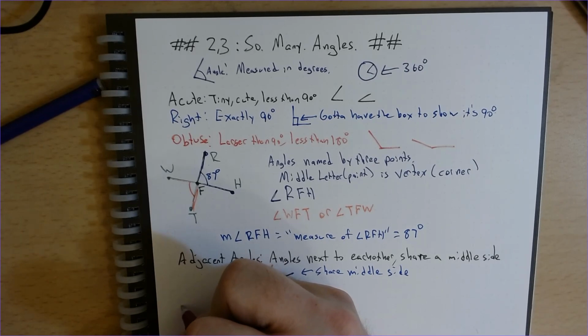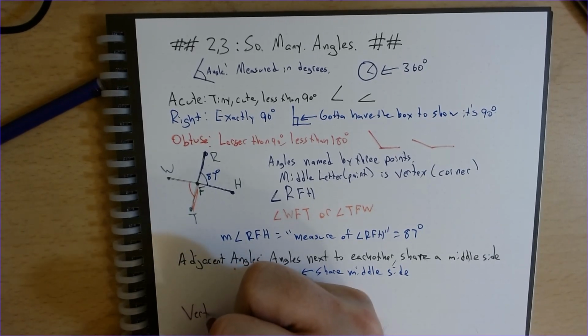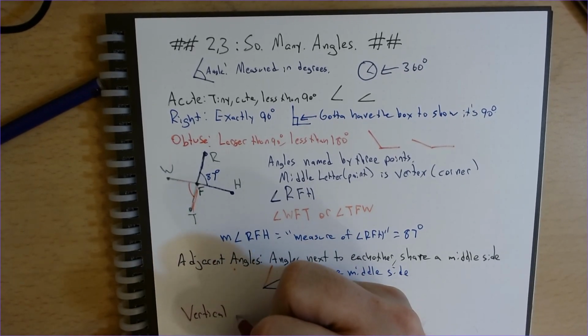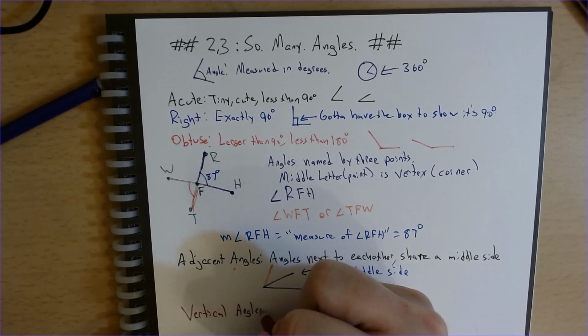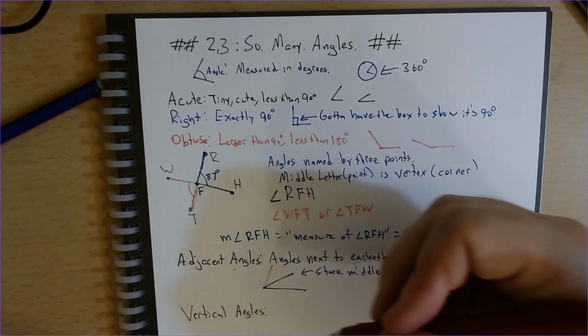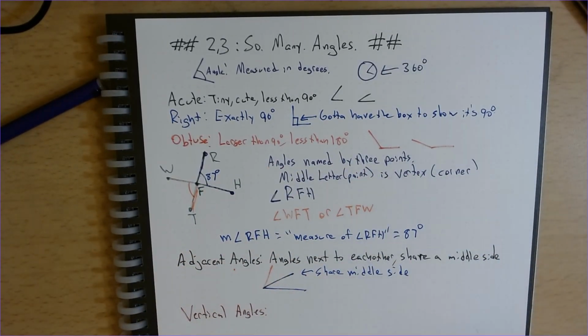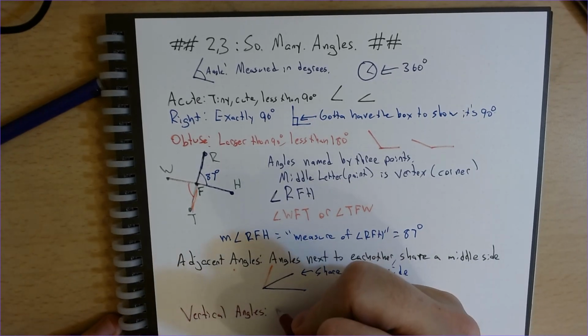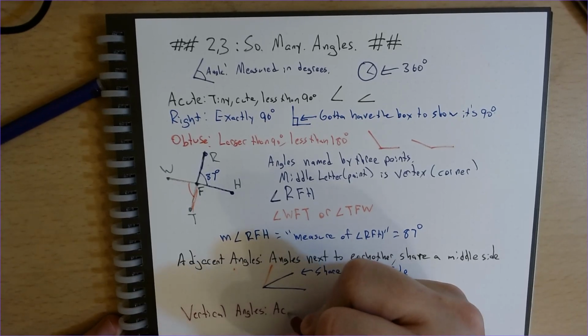This is the one that you're probably going to need to know the most, because it's going to come up in a bunch of later chapters. Adjacent angles, not so much, just in case they say they're adjacent, but vertical angles, you're going to have to know. They're across from each other.